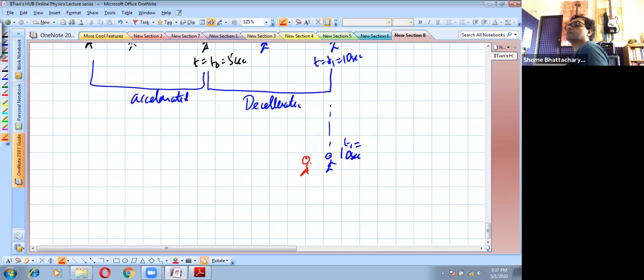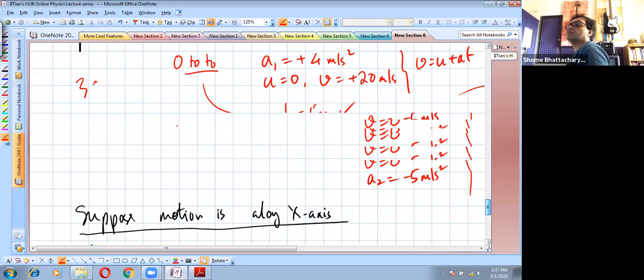The acceleration remains minus 4 meters per second square till he reaches some time where his velocity becomes minus 10 meters per second. He reaches this at some time T3, let's say, which I want to calculate. And that time in my graph is this one, T3.